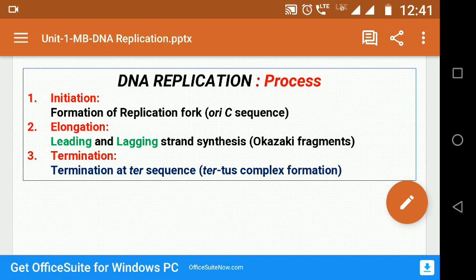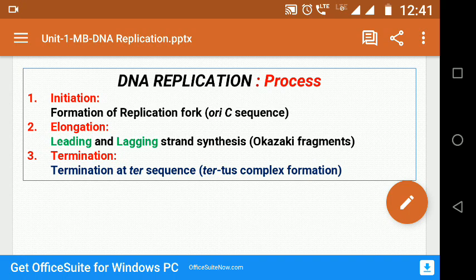That means short DNA molecules will be synthesized along the lagging strand. Those short DNA fragments are known as Okazaki fragments, and that strand follows a discontinuous method because of the orientation of the strand.